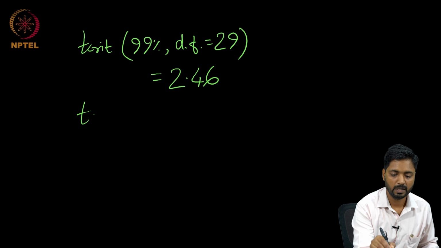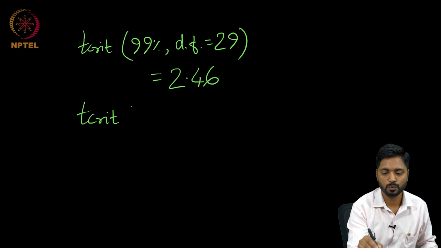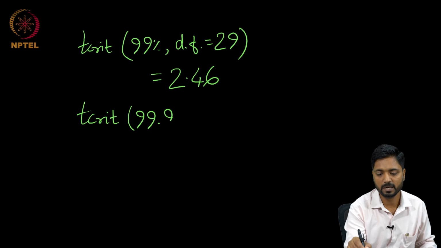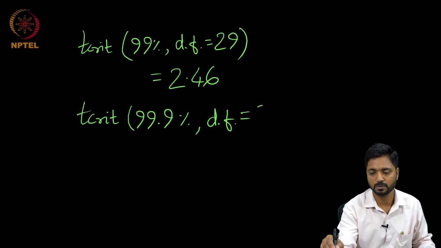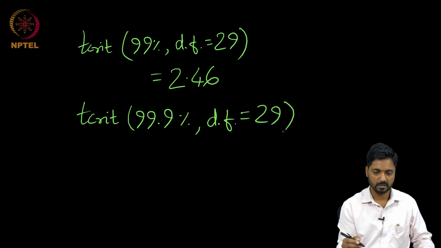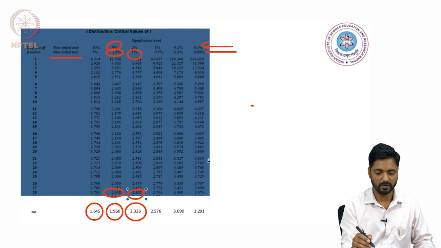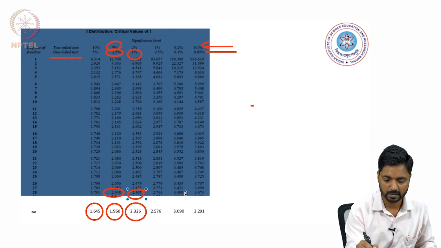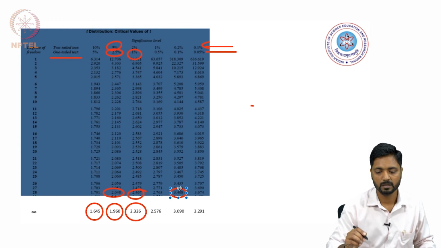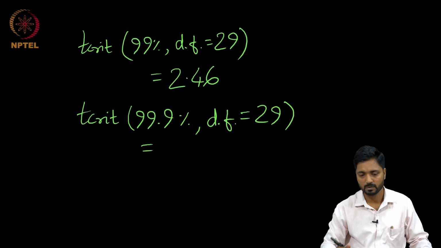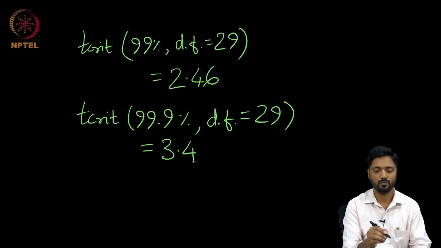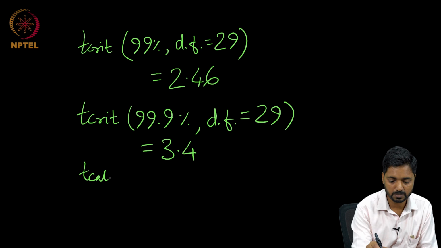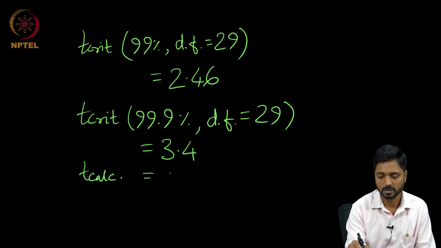Okay. Even if we extend it to 99.9% confidence level and degrees of freedom equal to 29, the T critical value will be 3.4 now, while our T calculated, to recollect, was minus 3.26.